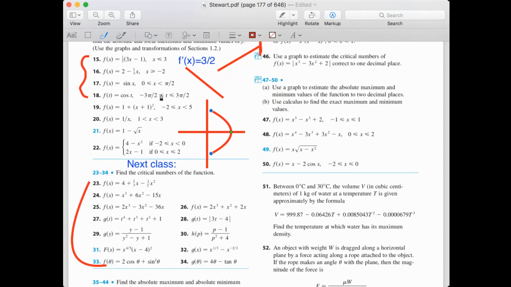So that's this domain. Okay, let's take the derivative. The derivative will get a negative sign: negative sine t. Then we set it to be 0 and solve: t equals 0. But that will not give us a critical number. Why? Look at this tangent line. It's a vertical line.